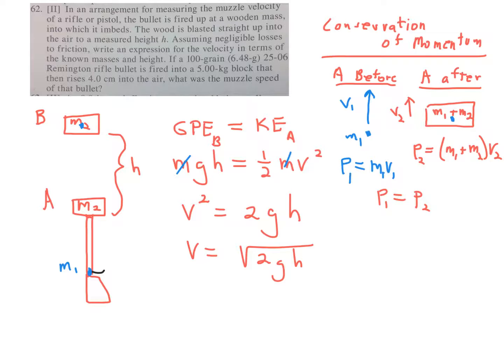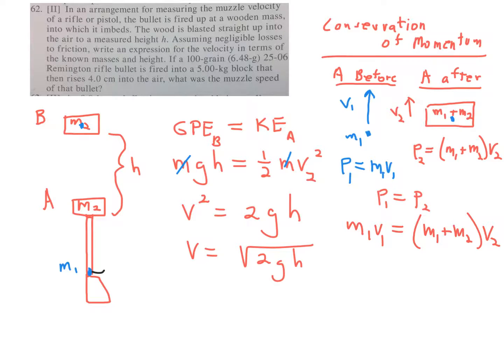Okay, let's continue over here on the right hand side, plugging in for P sub 1, momentum 1 equal to momentum number 2. That looks like this: M sub 1 V sub 1 equals M sub 1 plus M sub 2 times V sub 2. And let me do a little bit of fixing over here in the middle with the conservation of energy statements. I used the generic V, that is, in my notations now, it's V sub 2.